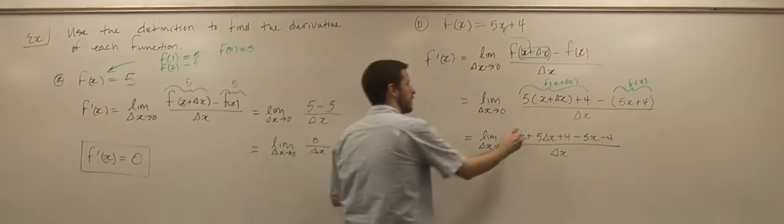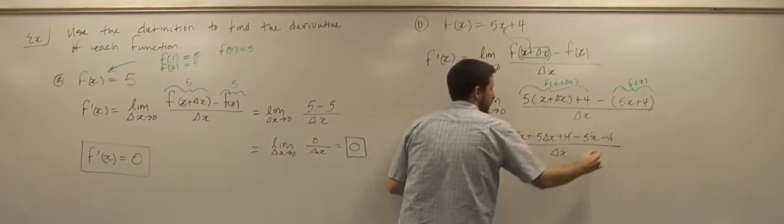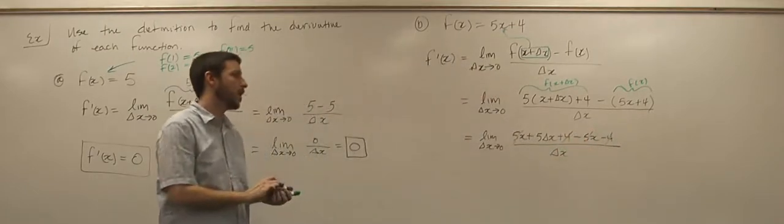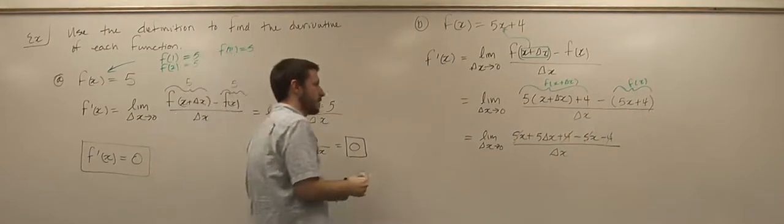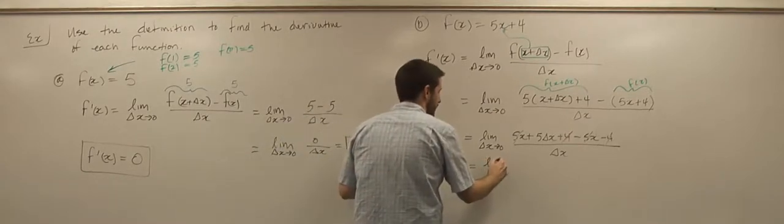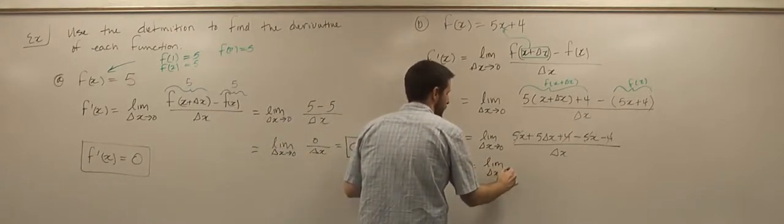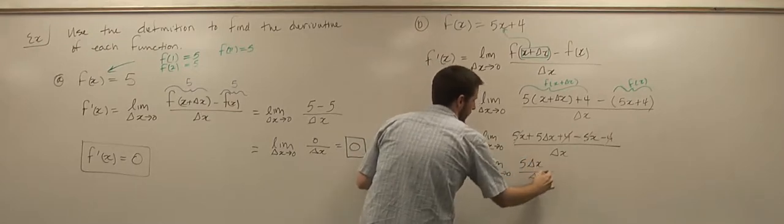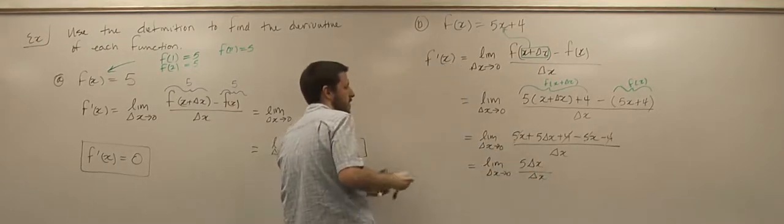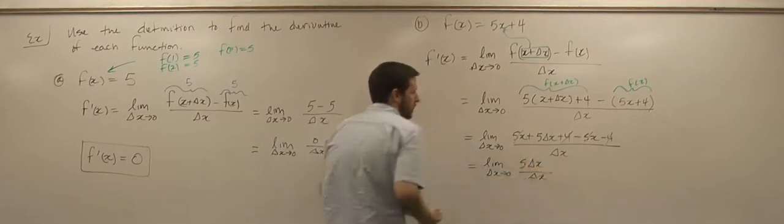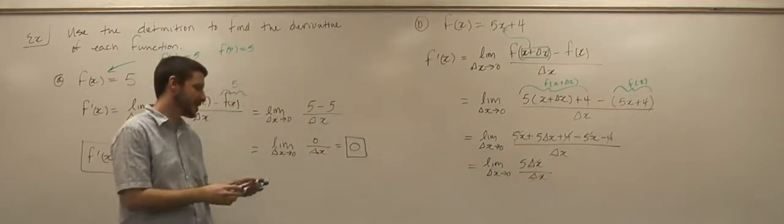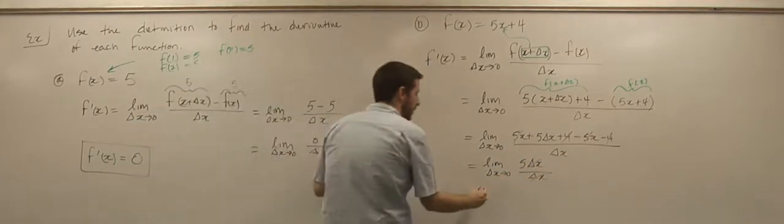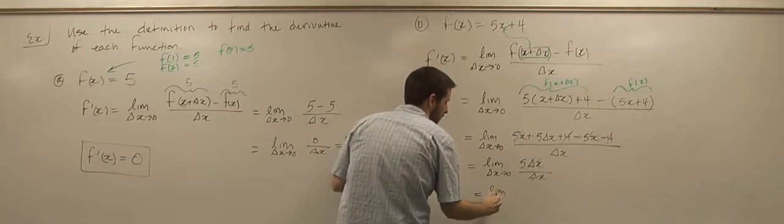Now we're cooking. 5x is canceled, 4 is canceled. All we have left is 5 delta x, and when all the dust settles, the delta x's cancel. So the limit as delta x goes to 0 of 5 is 5. f prime of x equals 5.